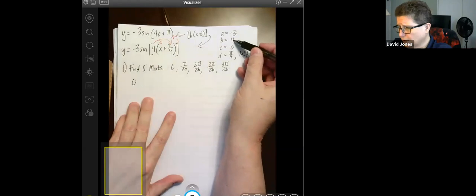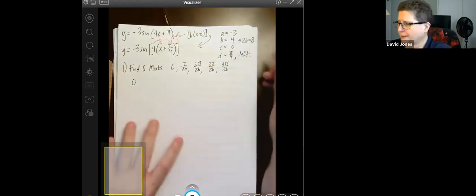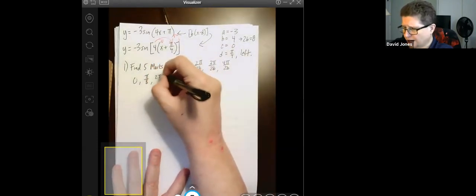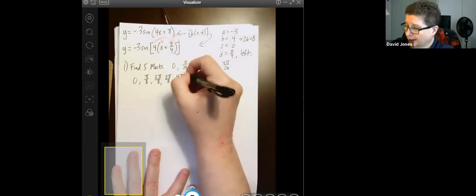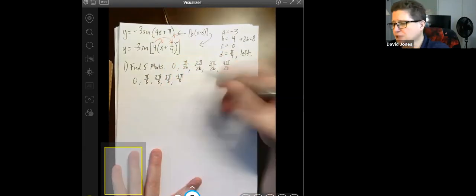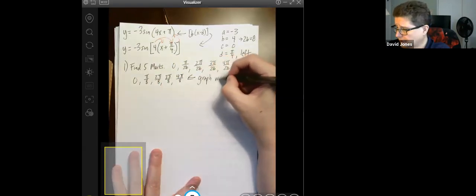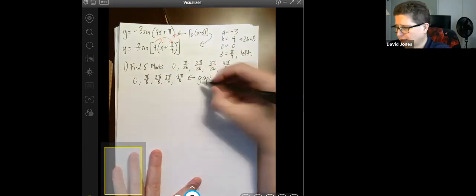B is 4, so 2b equals 8. That's our new denominator. So I've got pi over 8, 2 pi over 8, 3 pi over 8, 4 pi over 8. That's what I'm going to graph with. It makes the horizontal translations easier.